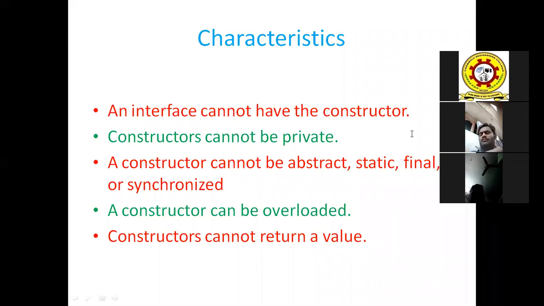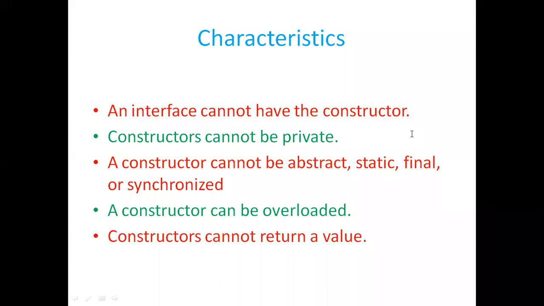And then we all know that there are three access specifiers: public, private, and protected, right? So we cannot define a constructor with the private keyword. We can have a public constructor or we can have a protected constructor, but we cannot have a private constructor. So it is not possible to use the private keyword along with the constructor, right?